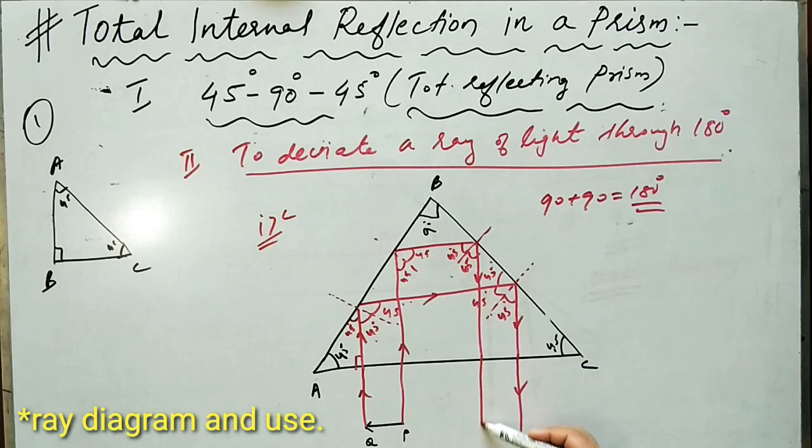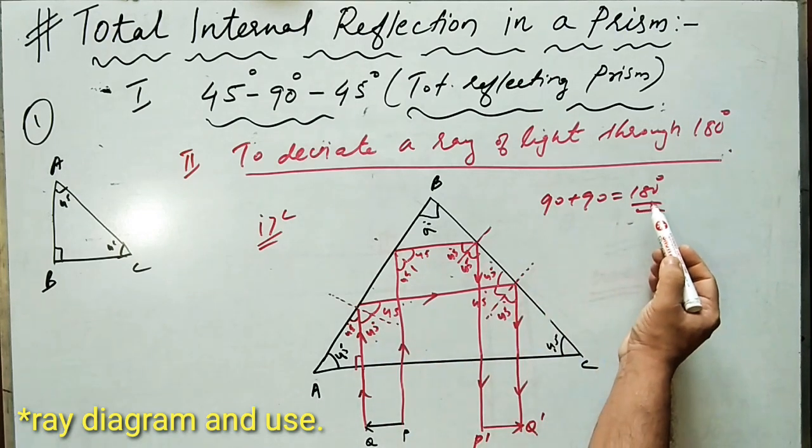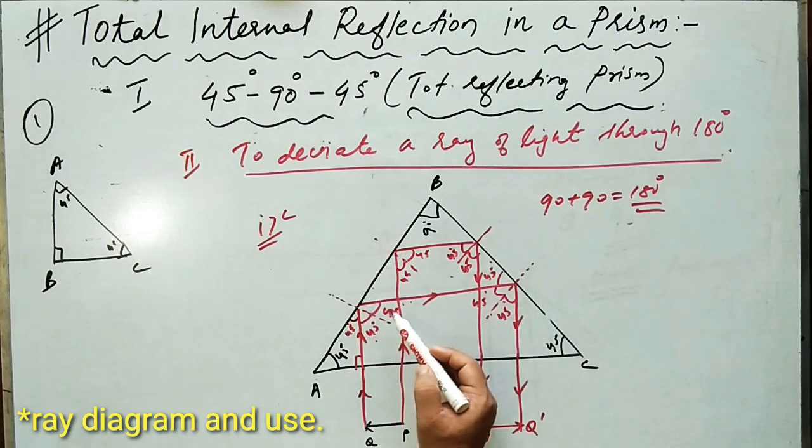Striking the surface, it will emerge out normally. See how the object is appearing here. This is Q, this will be Q dash, and this is P dash. So you can see that this prism has turned the light rays through an angle of 180 degrees.